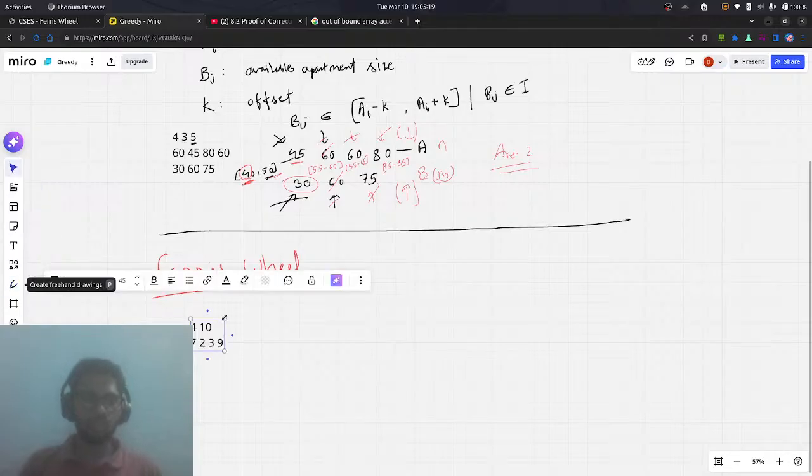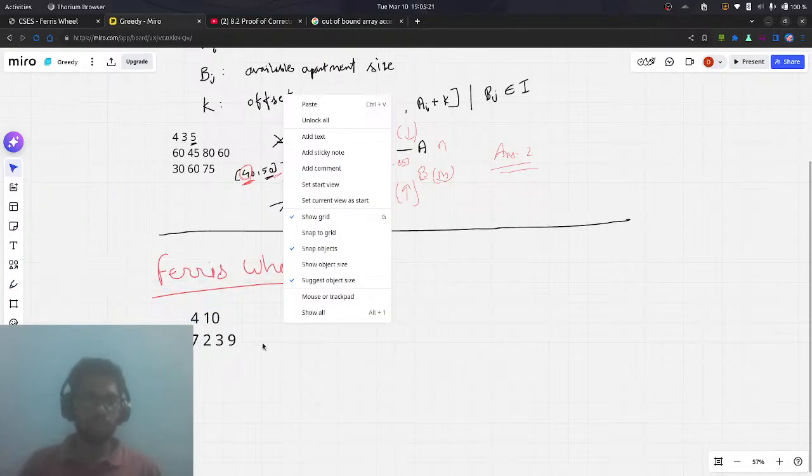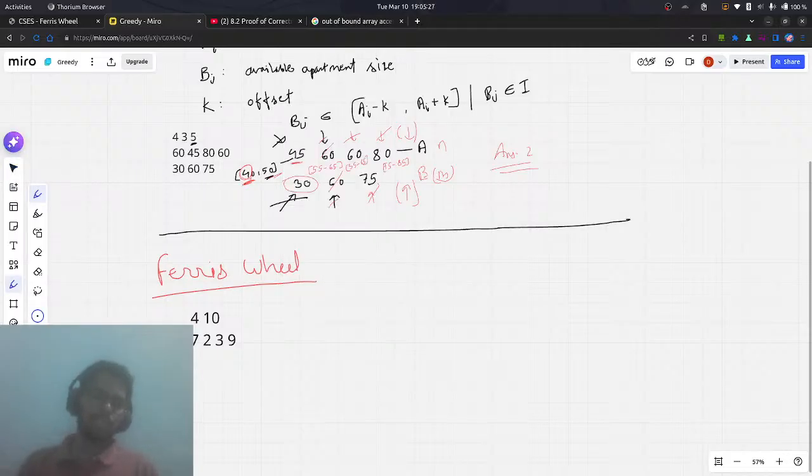Easy question. So the thing is, the question is asking us to divide the children into groups basically, so that the total group weight does not exceed the given limit. Okay, so that is basically what they're asking.